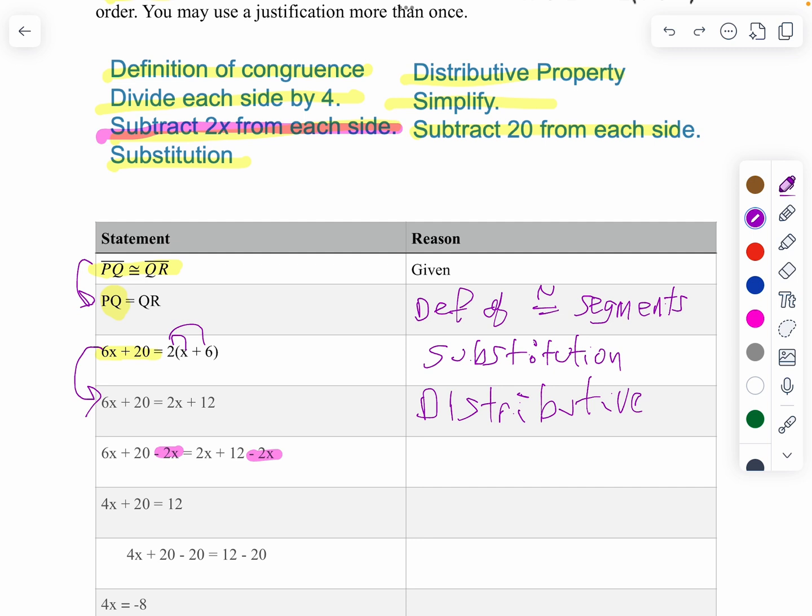I'm going to say, hey, I subtracted the same thing from both sides, because we'll call that the subtraction property of equality. Now, if you wrote subtract 2x from each side, you're right. Then, notice I actually did the subtraction. When you actually do the subtraction, we're going to call that simplifying. So we're simplifying.